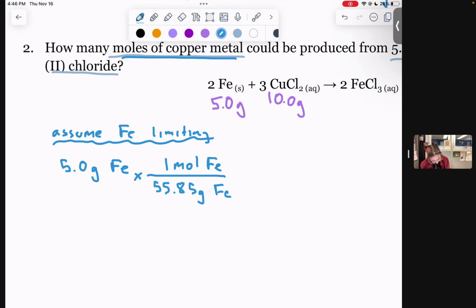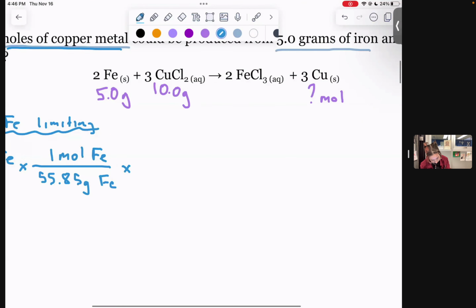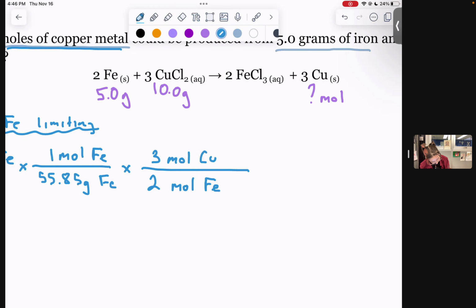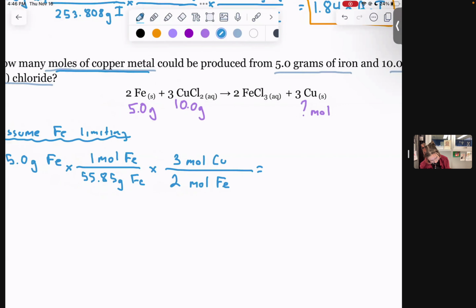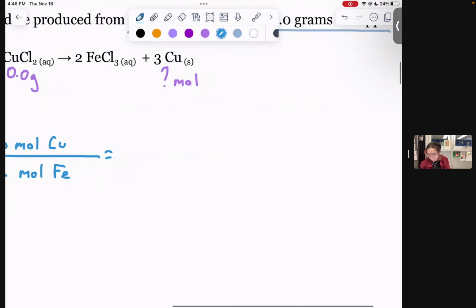Then I can use that to translate into my moles of copper from my balanced equation. And if I plug that into the calculator, I think we would get that to 2 sig figs.